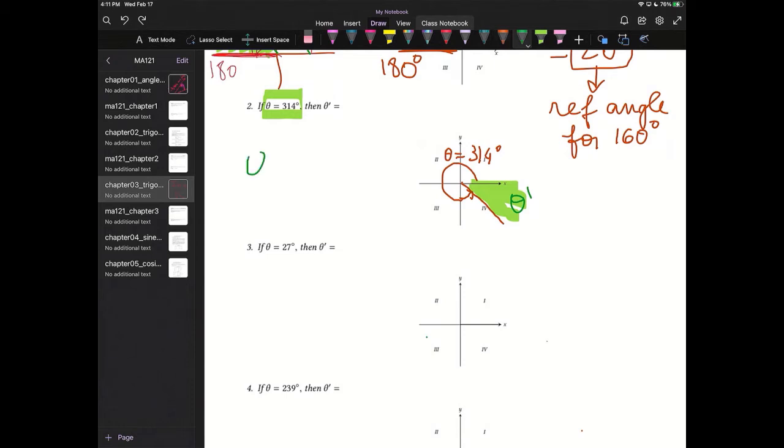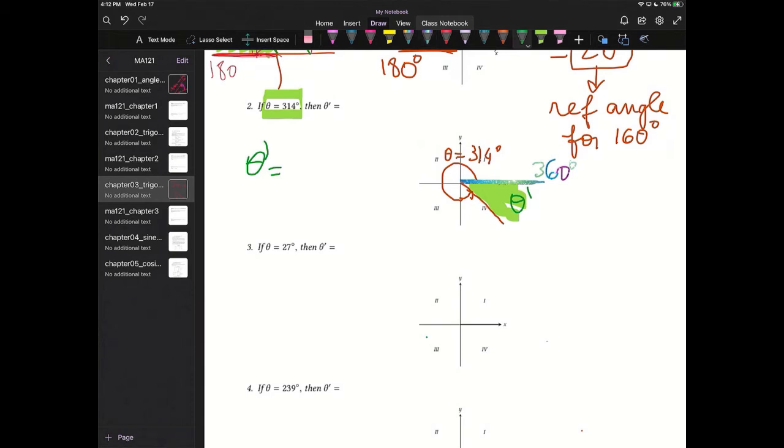So the reference angle is, if I take this terminal side right here, hold on, I want to use a different color to highlight that. This is the terminal side of 360 degrees. So if I take the angle 360 and subtract 314, I get an acute angle, a positive measurement between 0 and 90 degrees. So that is my reference angle.